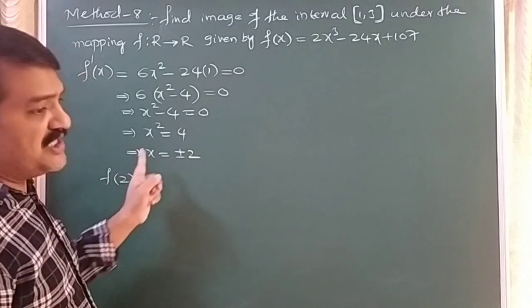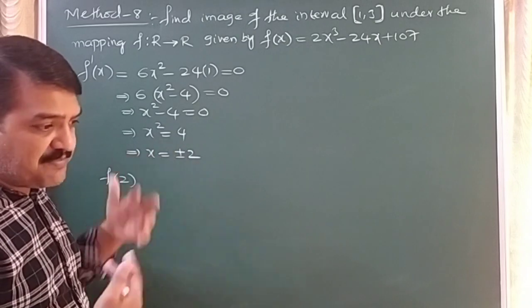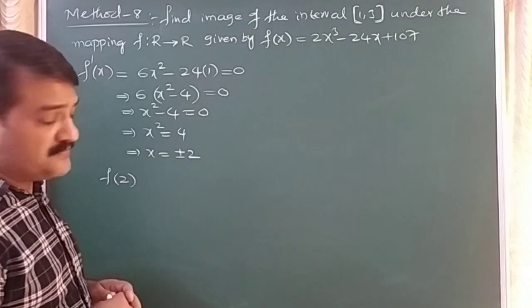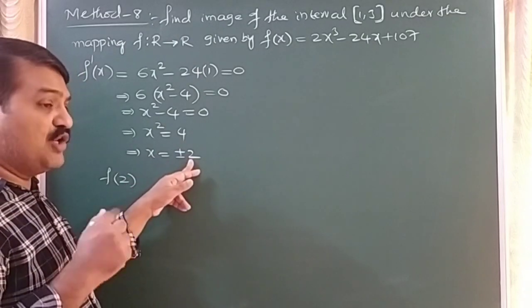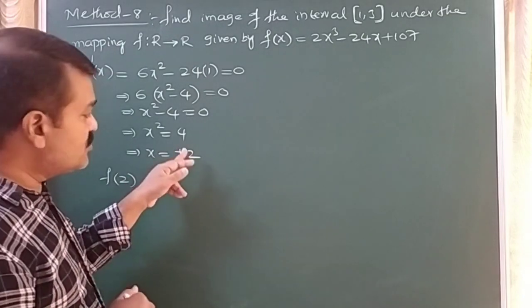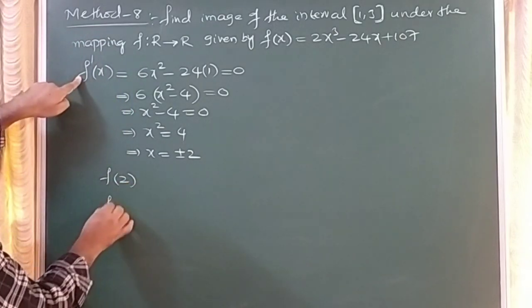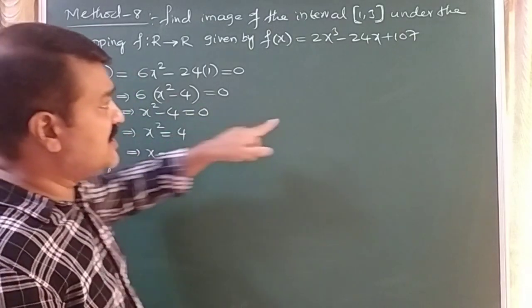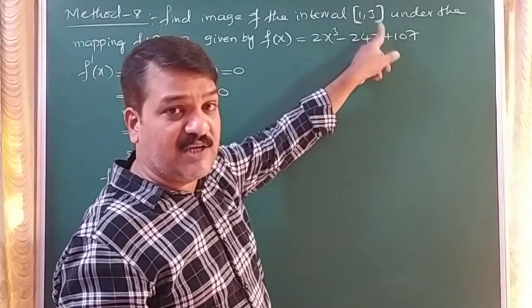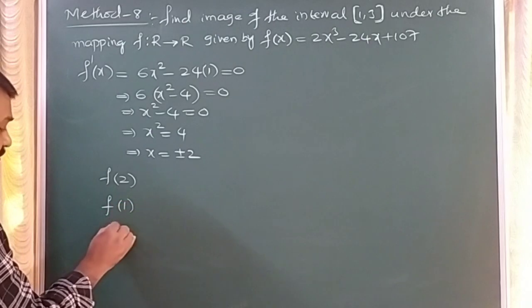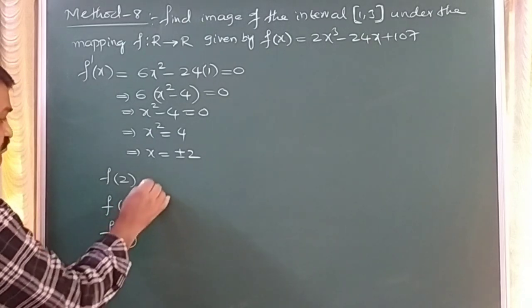Means only x is equal to 2 we have accepted, x is equal to minus 2 we have rejected. So find the function value for x is equal to 2 and also find the function value for the end values of this interval. Means also find function value for 1, function value for 3.